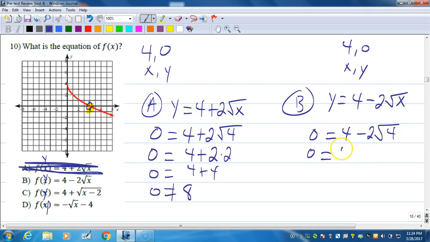Is 0 equal to 4 minus 2 times the square root of 4? The square root of 4 is 2, so 2 times 2. Is 0 equal to 4 minus 4? Yes, 0 is equal to 0. So letter B is the answer. That's how you do these questions. Just use the answer choices and use your basic knowledge of this graph and figure it out.